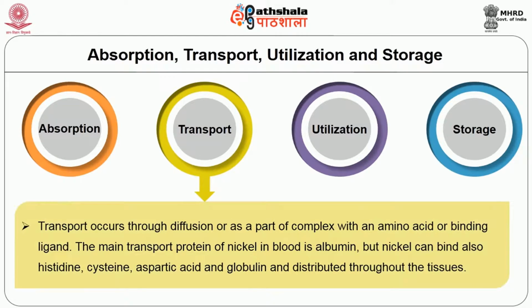Transport occurs through diffusion or as a part of a complex with an amino acid or binding ligands. The main transport protein of nickel in blood is albumin, but nickel can also bind with histidine, cysteine, aspartic acid and globulin and be distributed throughout the tissues.